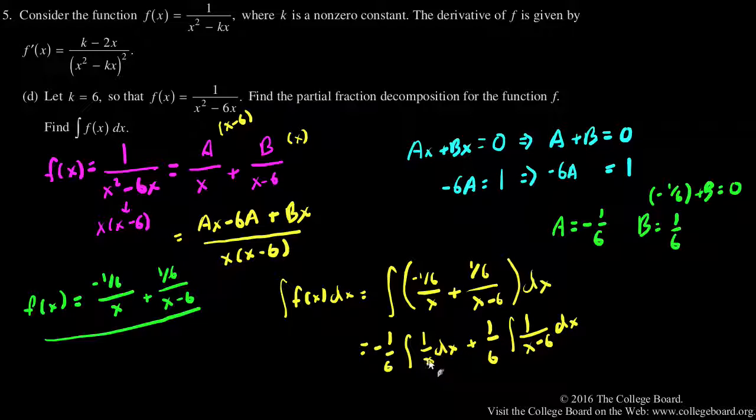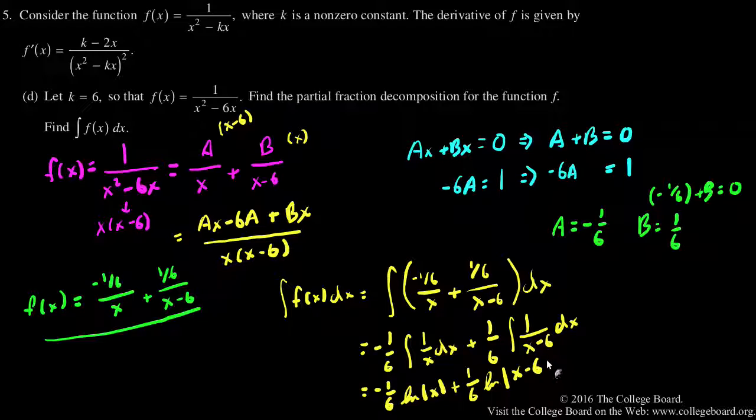And the antiderivative of 1 over x is the natural log of the absolute value of x. So I have negative 1/6 times the natural log of the absolute value of x. The antiderivative of 1 over x minus 6 is the natural log of the absolute value of x minus 6. I could get there by u substitution. So I have plus 1/6 natural log of the absolute value of x minus 6.